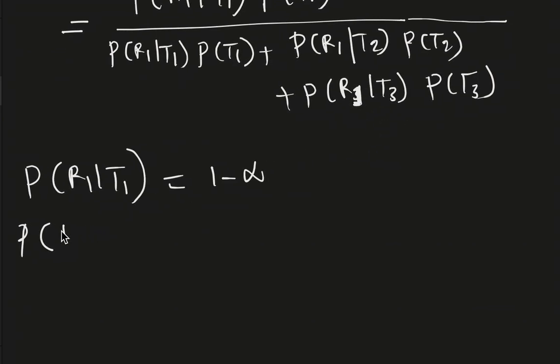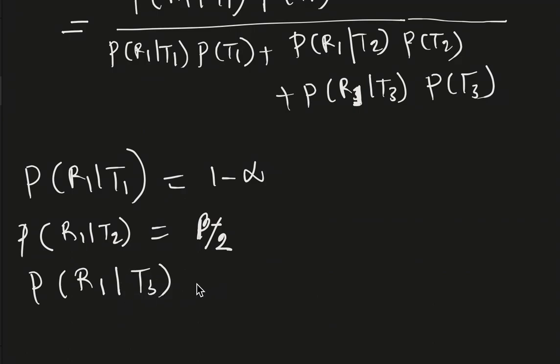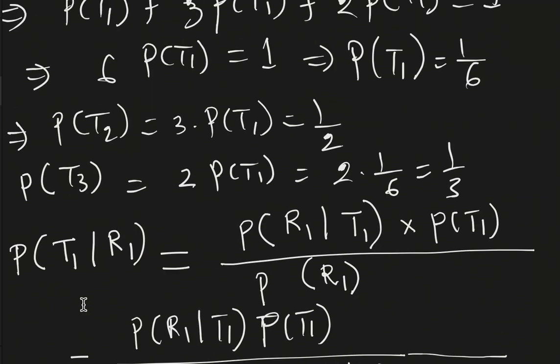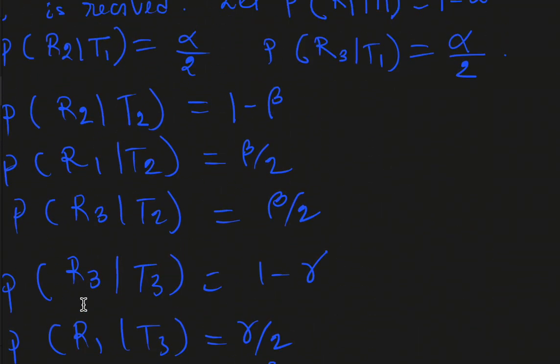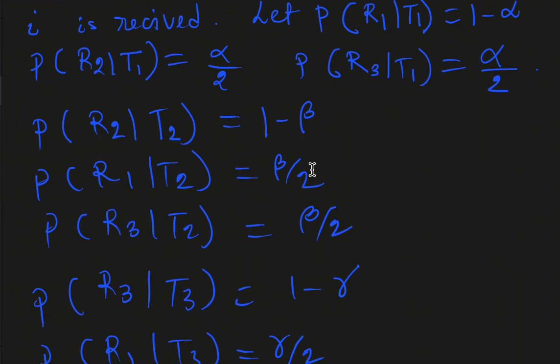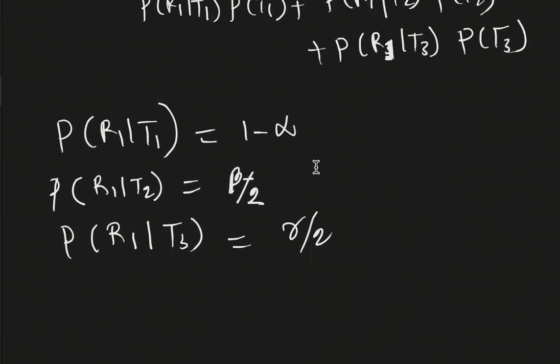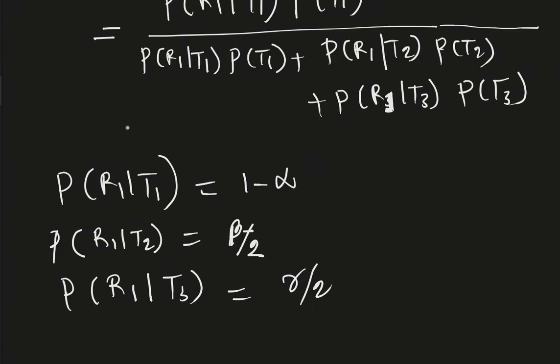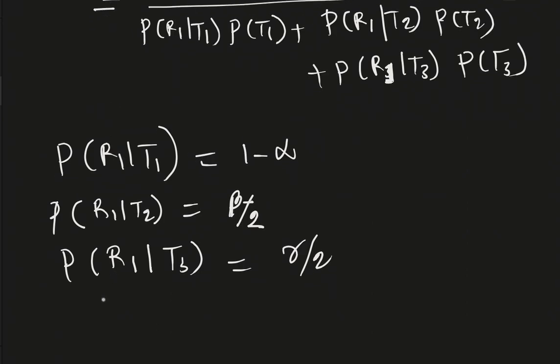So P(R1|T2) is beta by 2, since I'm getting a wrong signal from T2, and P(R1|T3) is gamma by 2. Don't worry, these probabilities are already given in the problem, so I am writing them from there. Now our job is to calculate P(R1).